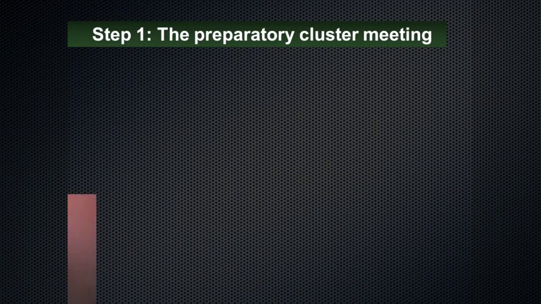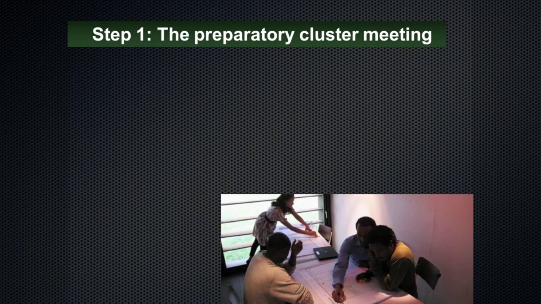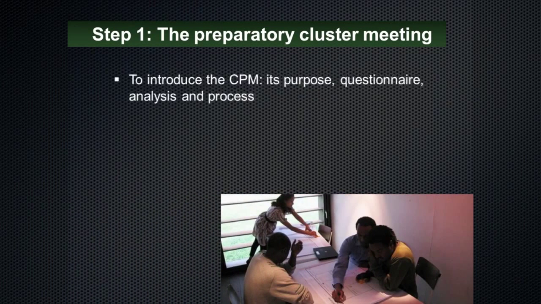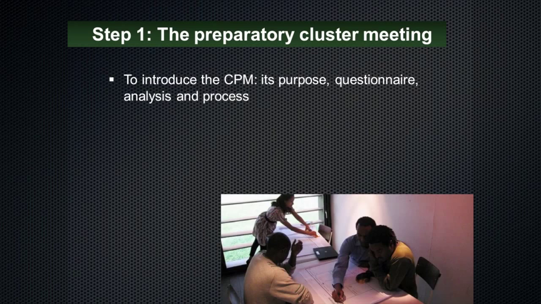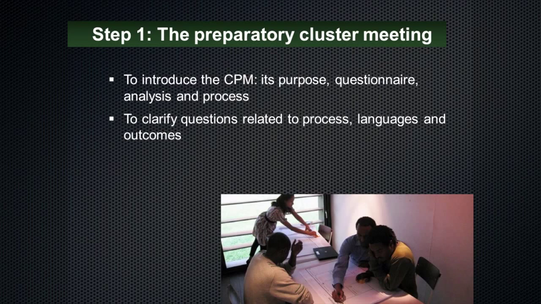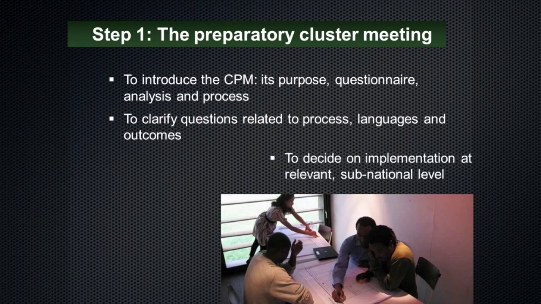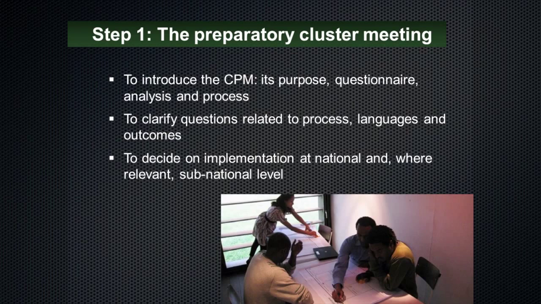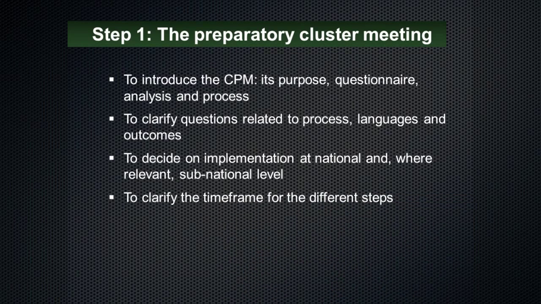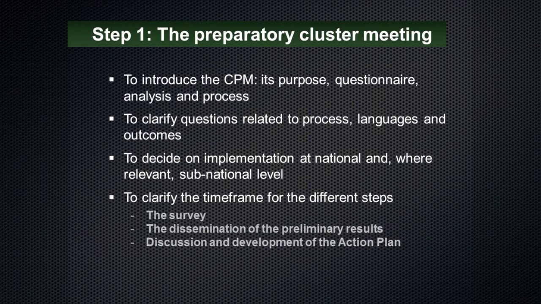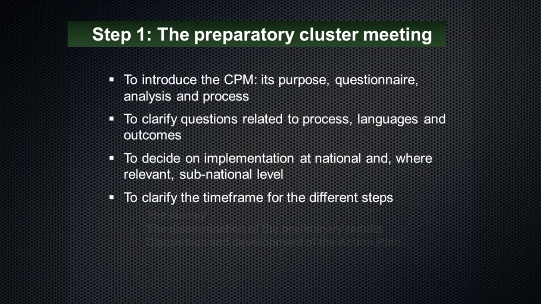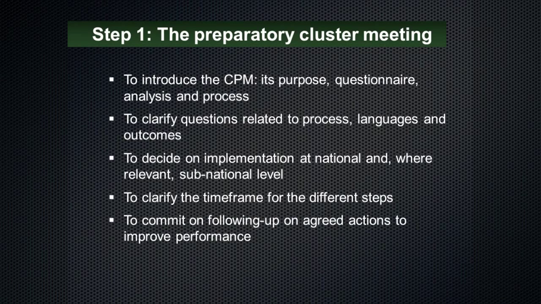The first step involves convening a preparatory cluster meeting, in which the objectives are to introduce the CPM, its purpose, questionnaire, analysis and process, to clarify questions related to process, language and outcomes, to decide on implementation at national and, where relevant, subnational level, to clarify the timeframe for the different steps, the survey, the dissemination of the preliminary results, discussions and development of action plans, and finally, to commit on following up on agreed actions to improve performance.